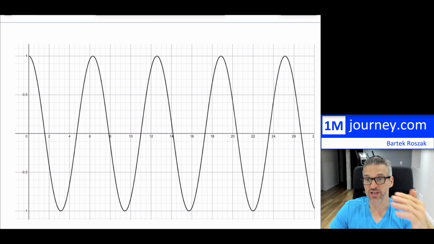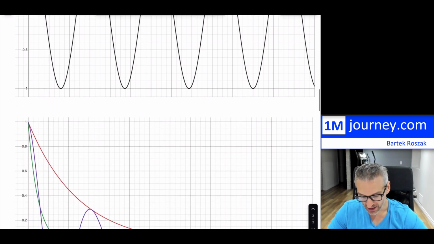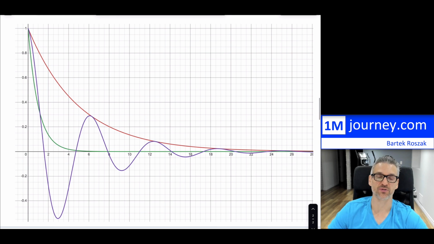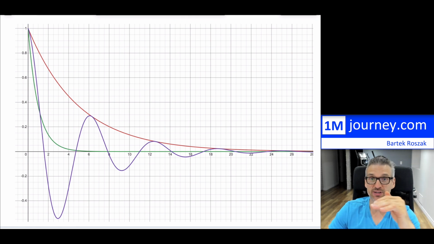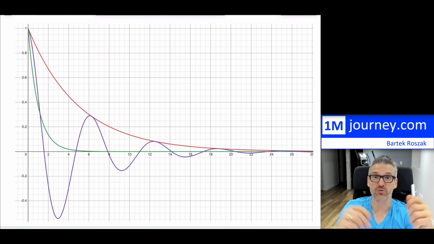Now if you take the simple harmonic motion and you bring in friction, then you start having these types of graphs. Let's talk about what they represent. Again, time is on the x-axis, and on the y-axis is the displacement relative to an equilibrium.